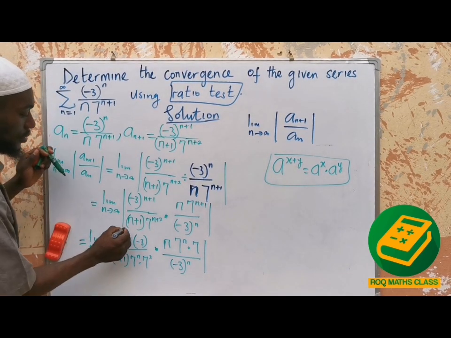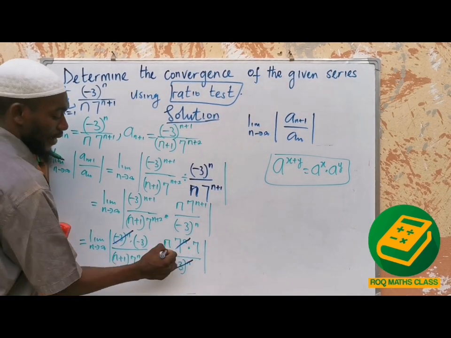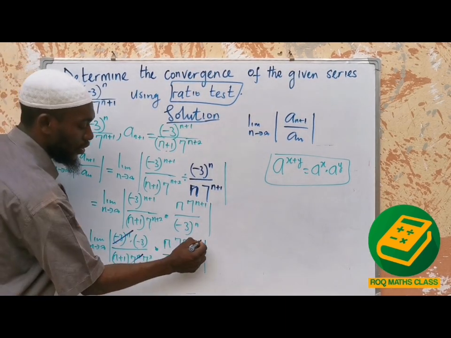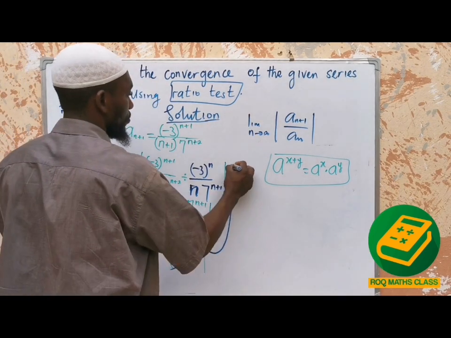As you can see, this cancels this, and the 7^n here is 1.